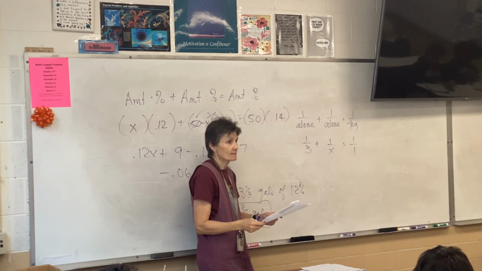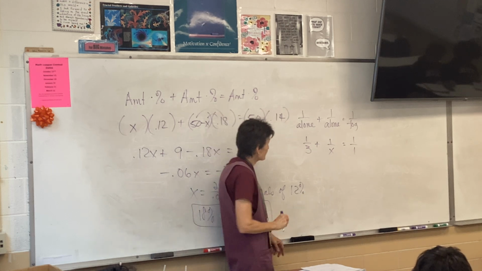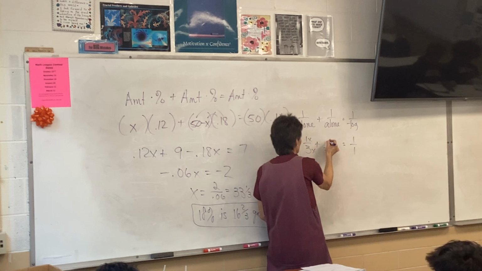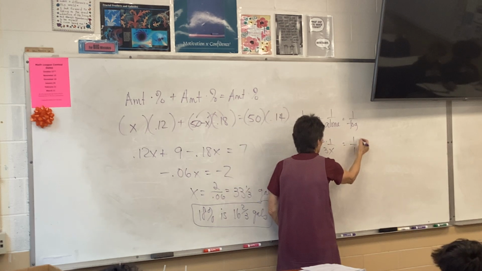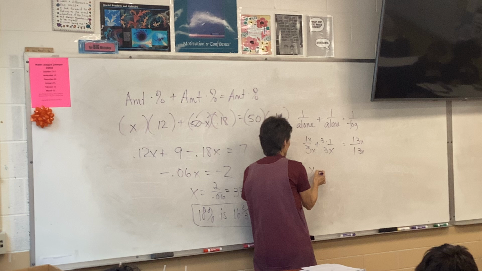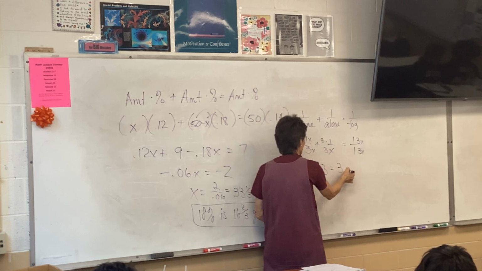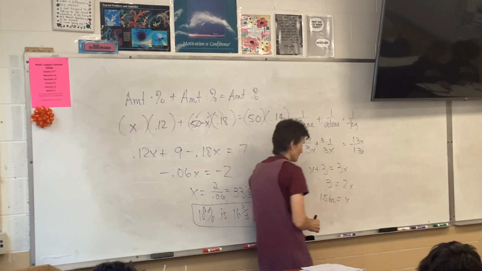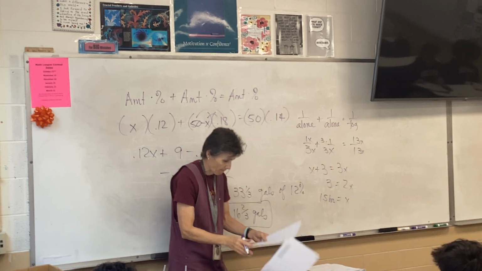Does that make sense? Okay, so let's get a common denominator, 3x, that sounds good. So x plus 3 equals 3x. I got 1.5 hours, but I'm going to let you check that for me.